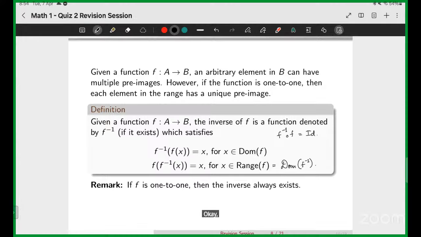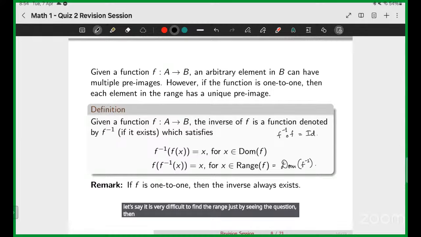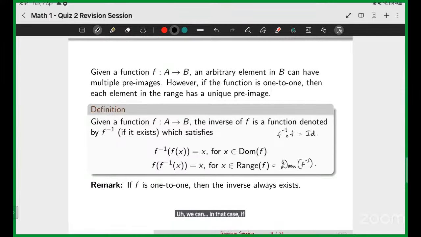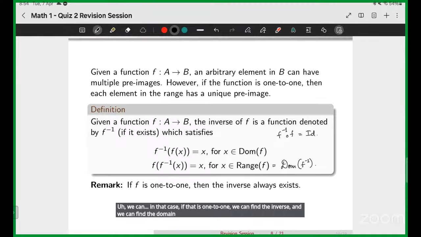Sir, in some questions, let's say we are asked to find the range, and it is very difficult to find the range just by seeing the question. If that function is one-to-one, we can find the inverse, and then we can find the domain of that, right? To find the range.